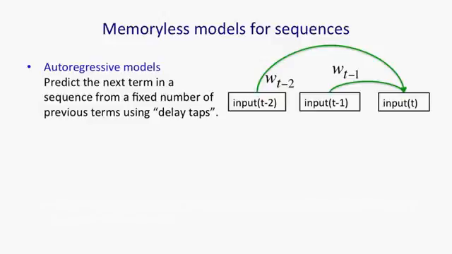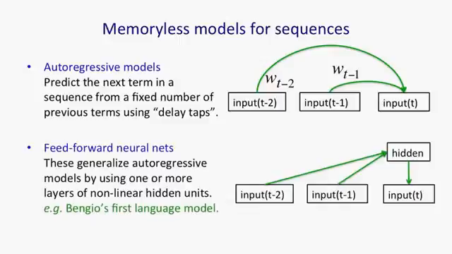The previous terms might be individual values, or they might be whole vectors, and a linear autoregressive model would just take a weighted average of those to predict the next term. We can make that considerably more complicated by adding hidden units. So in a feed-forward neural net, we might take some previous input terms, put them through some hidden units, and predict the next term.